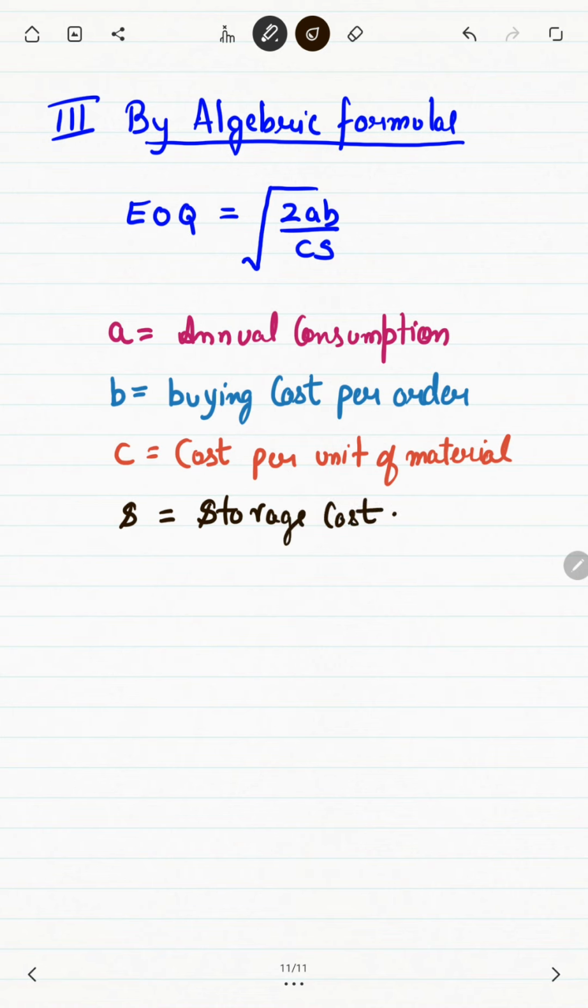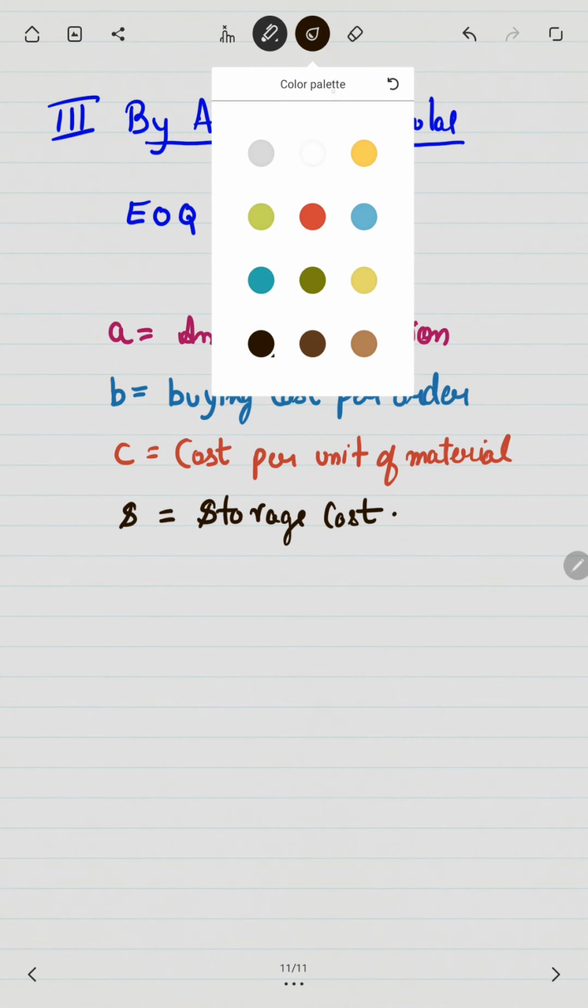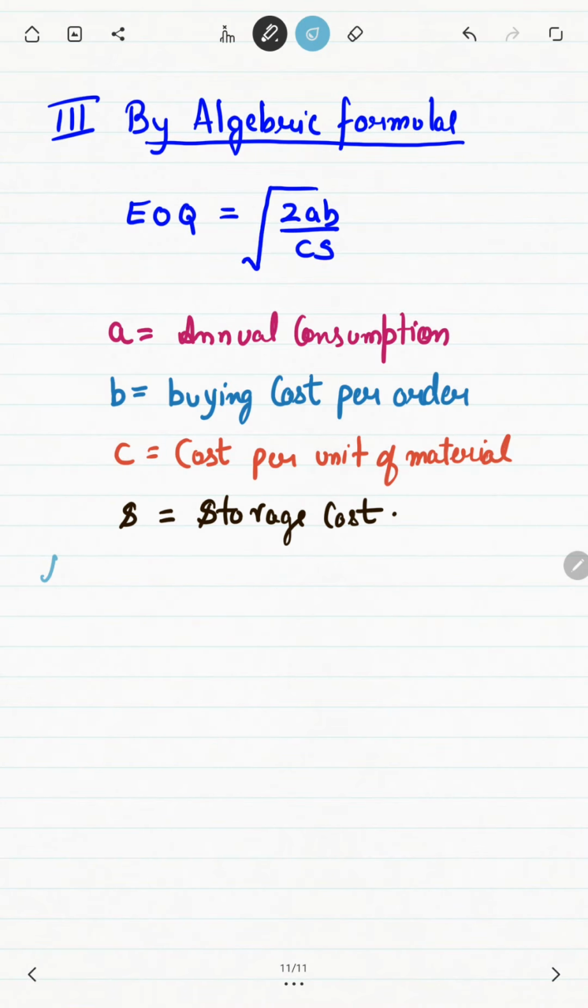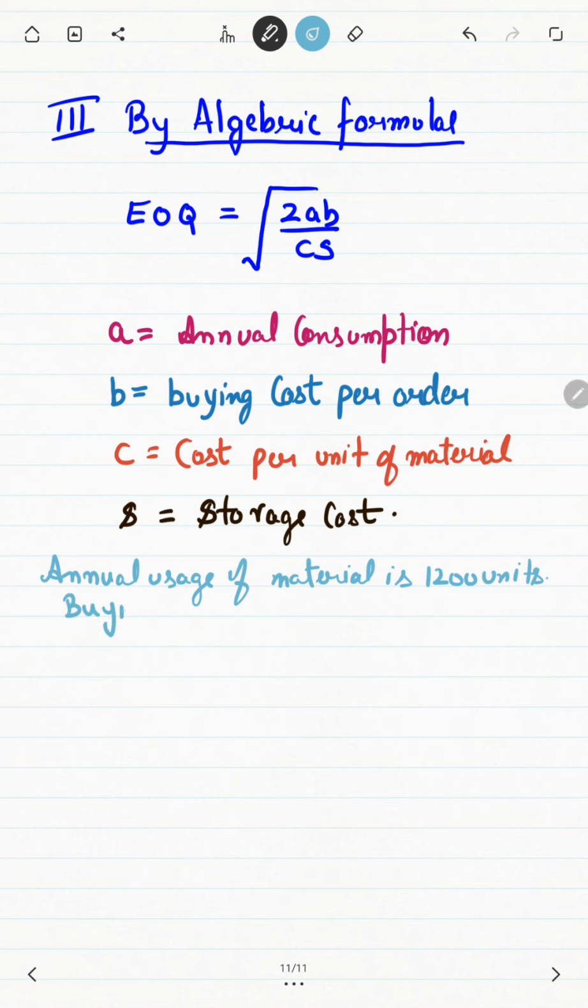So for example, now we will write an example, that annual usage of material is 1200 units, and it costs 10 to handle an order of this material. So buying cost of an order is rupees 10.